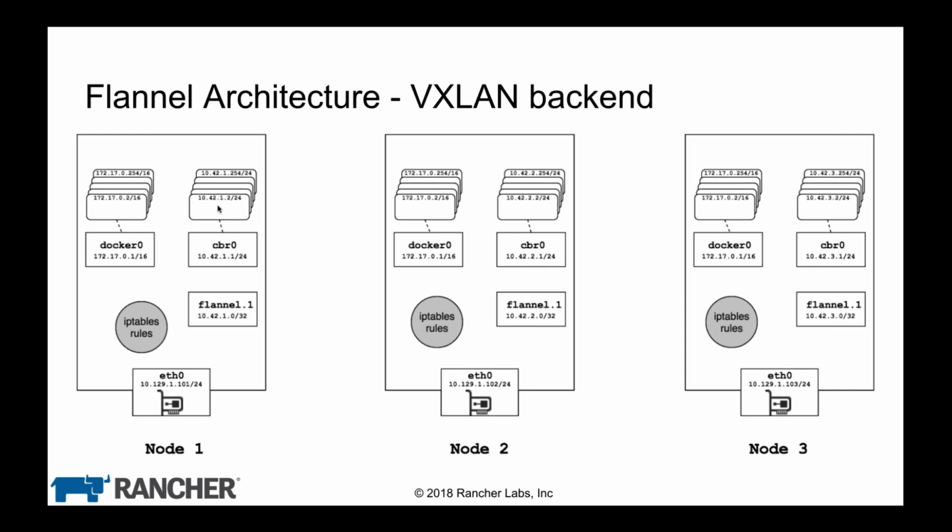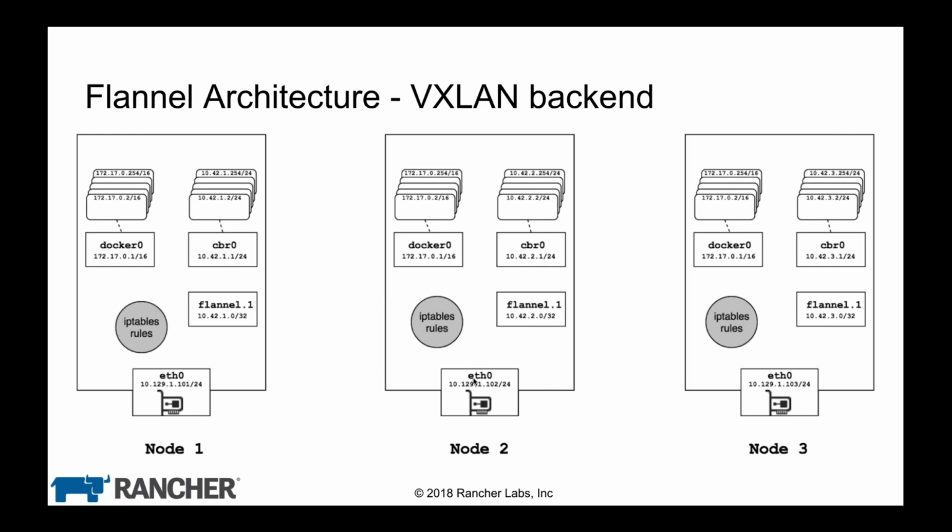Now let's say the container here on node 1 is trying to talk to the container in node 2. So 10.42.1.2 is trying to talk to 10.42.2.2. The packet hits the CBR0 bridge, and the CBR0 bridge forwards it to the flannel interface. From flannel, with the help of the IP table rules, it encapsulates this packet and sends it over eth0, the Ethernet 0 interface of node 1, puts it out on the wire, and it reaches node 2.